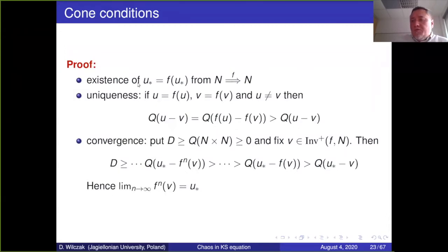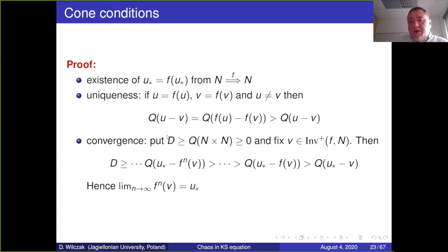The existence of a fixed point follows from covering relations. The uniqueness: assume that we have two of them, different, and then, of course, because they are fixed points, we have the first equality, and by the property of the condition, this has to be greater than this quantity, so we have a contradiction. So we have only one fixed point in the set, and we have also the convergence property.